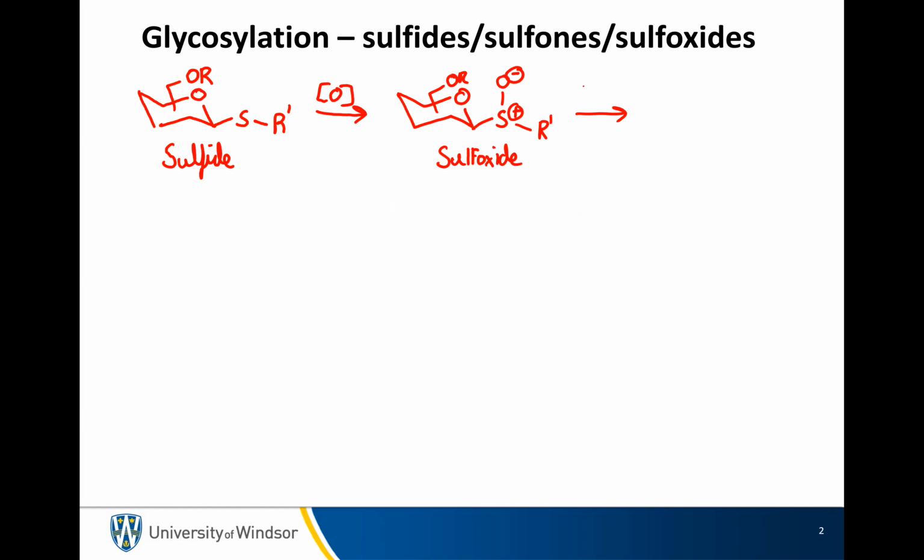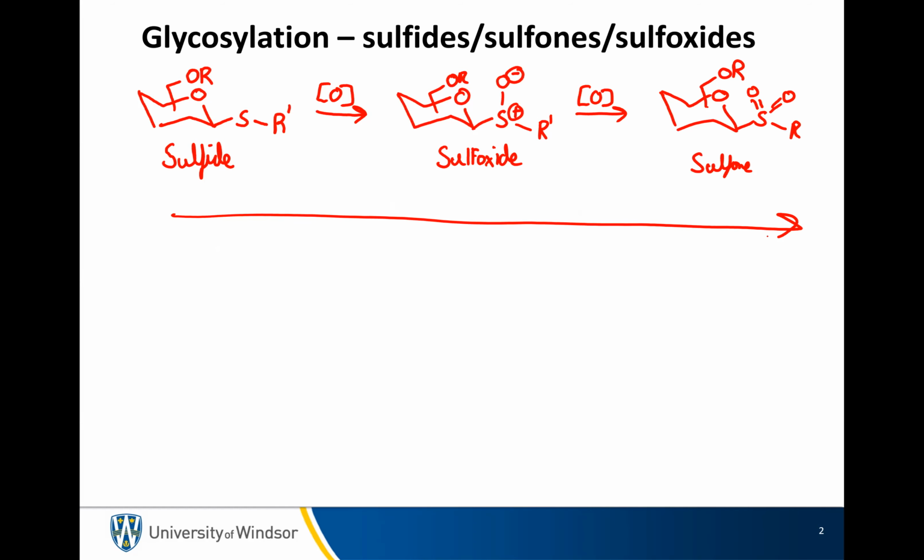We're going to oxidize that further to a sulfone. Theoretically, you can reduce them. I'm not actually aware of anyone doing that, I think because it's often incompatible with the protecting group strategy you have on the sugars, and normally you wouldn't want to reduce. It's not particularly useful. So as you go up this way, reactivity increases.